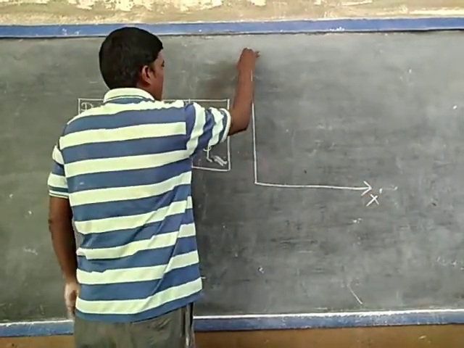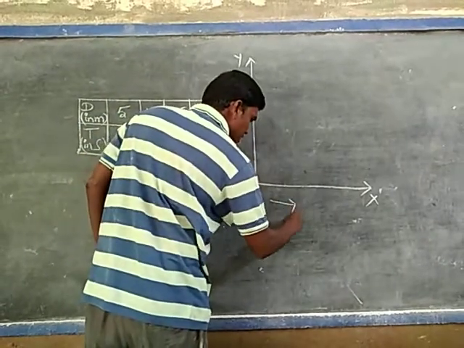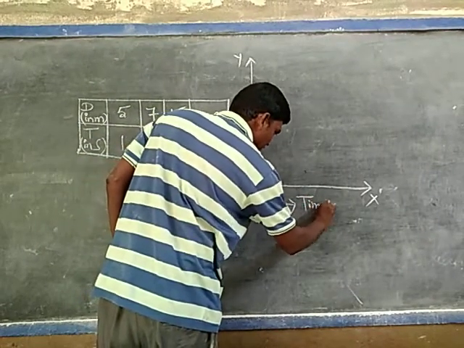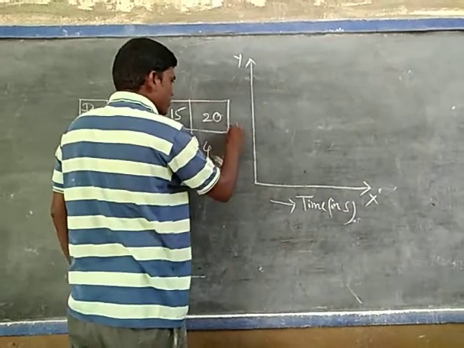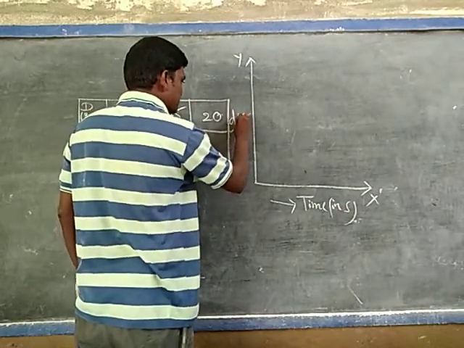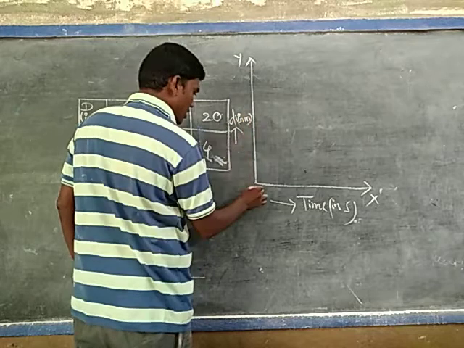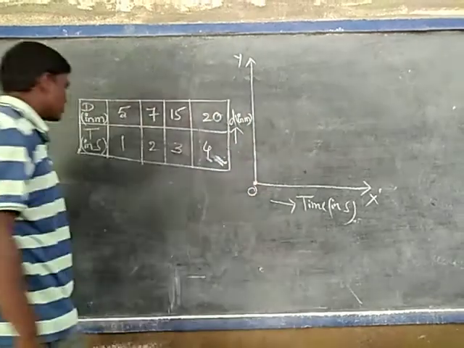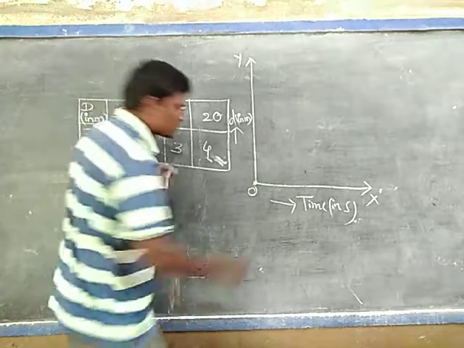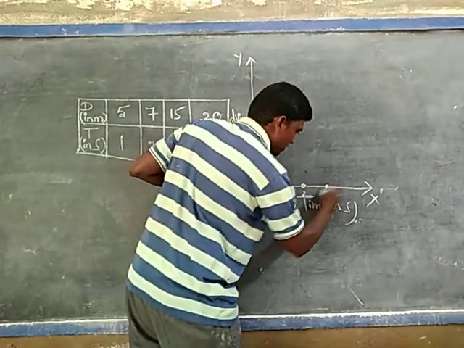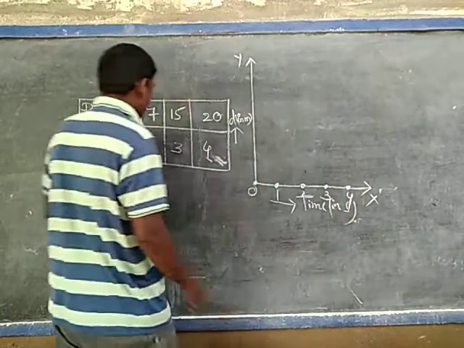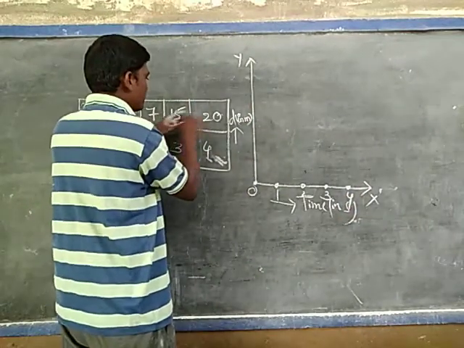Now here we have the x-axis and here the y-axis. On the x-axis, which values were taken? Time values, in seconds. And the distance values we take on the y-axis, in meters. Now this is 0, then we come 1, 2, 3, 4 seconds. Next here 5, 7, 15, 20.